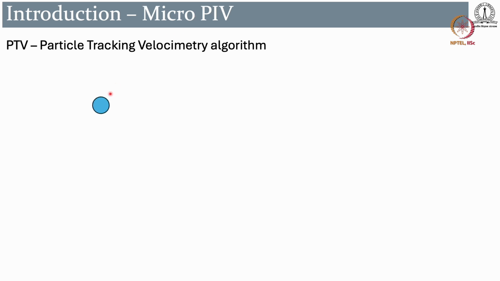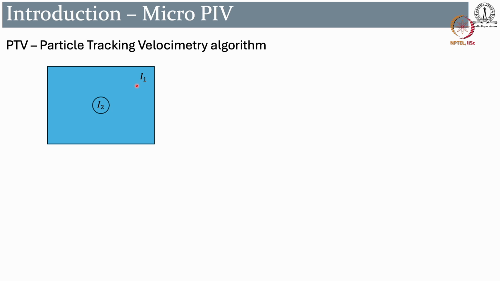Okay, so now let's see some scenarios. You have a particle here, and this blue color shows the intensity of the particle, which is to be tracked in a flow field that is outside here. You can see the intensity inside the particle and outside the particle remains very similar, just that the edges appear very dark. This is intensity I1 and inside is I2, and these two are basically the same.